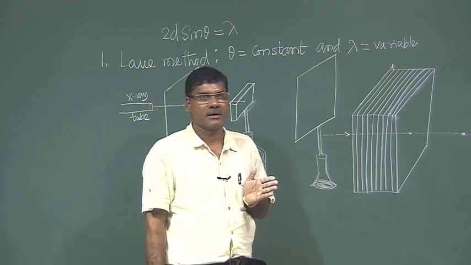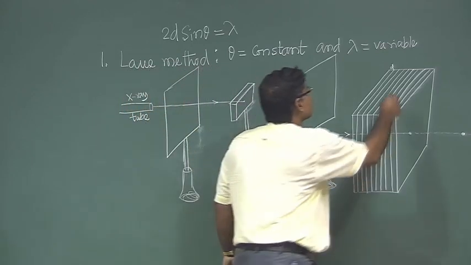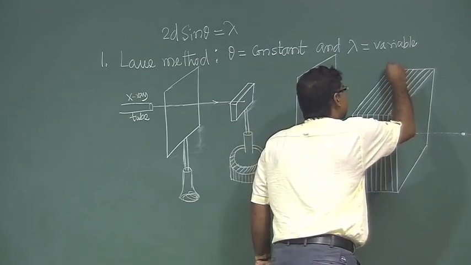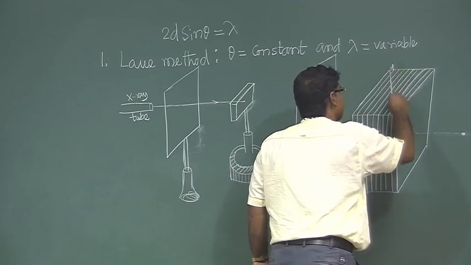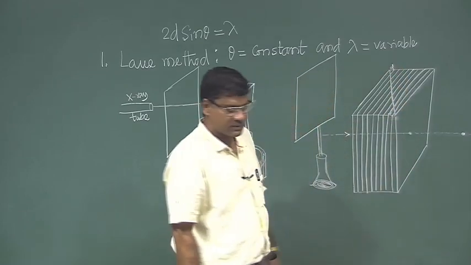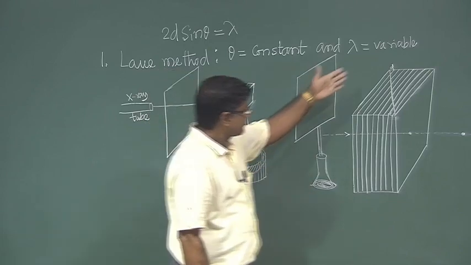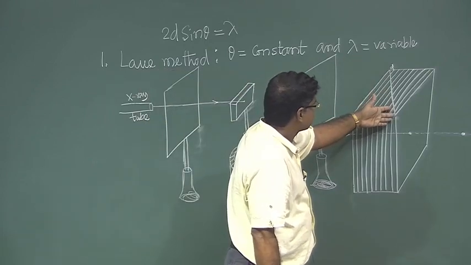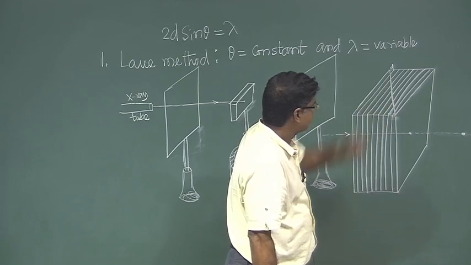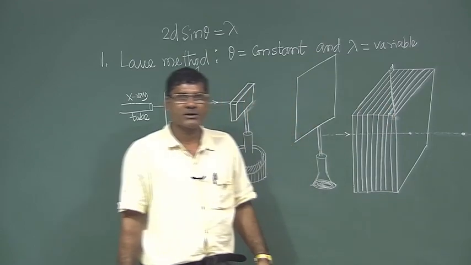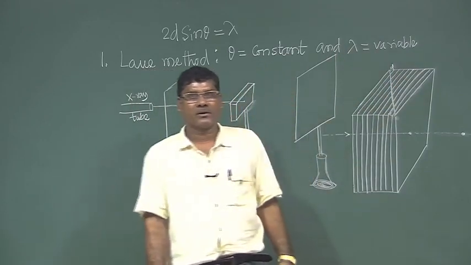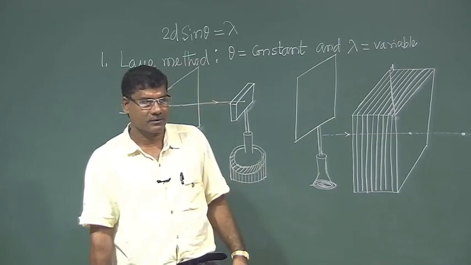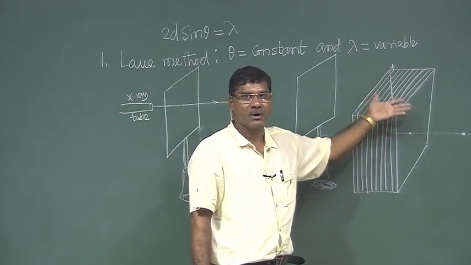Okay. Now, this is one set of parallel planes I have considered, but there are many sets of parallel planes, right. So let me consider another set of parallel planes. Let us see this plane. It can be the 110 plane, if these are the 100 plane, 010 plane or 001 plane.